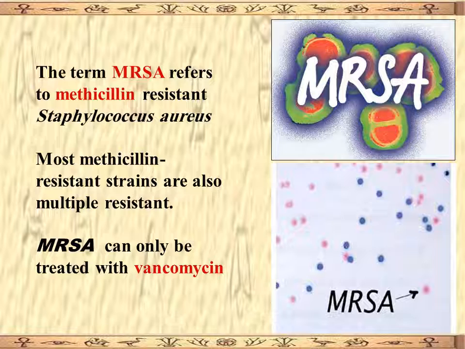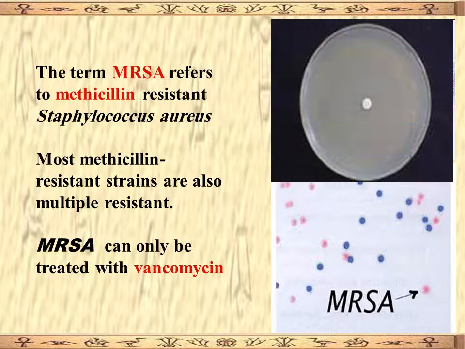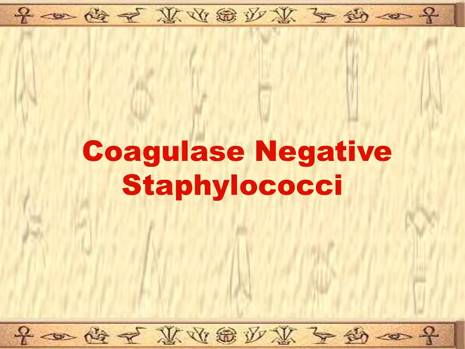It's a type of Staphylococcus aureus that produces enzymes that break down the antibiotic methicillin. This type of bacteria is treated by vancomycin, and it's a very dangerous type of bacteria that produces different types of infections. This is the coagulase-positive staphylococci, or Staphylococcus aureus.